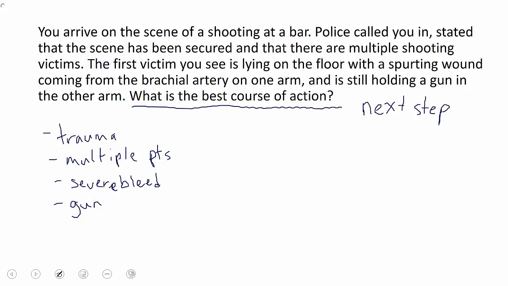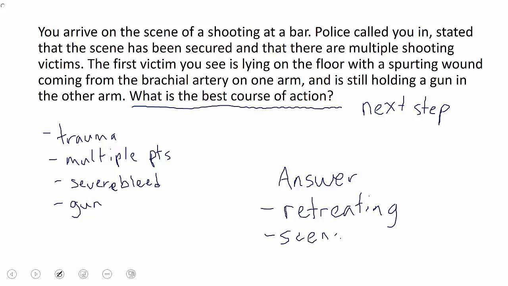Well, since we're not trained to disarm people from weapons, I think probably what they're looking for is that we would need to either get police involved somehow or retreat and then call police. So my answer is going to be something that involves retreating, scene safety, and possibly also involving the police. I'm not quite sure which level of detail they need, but they're all kind of along the same lines.